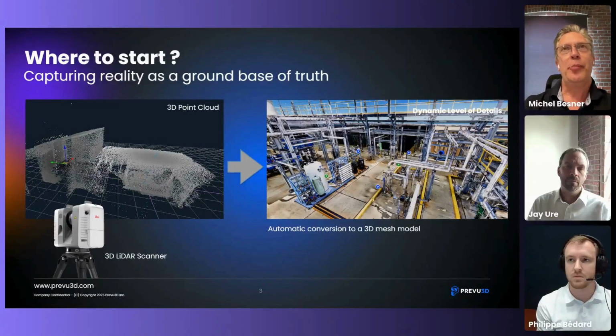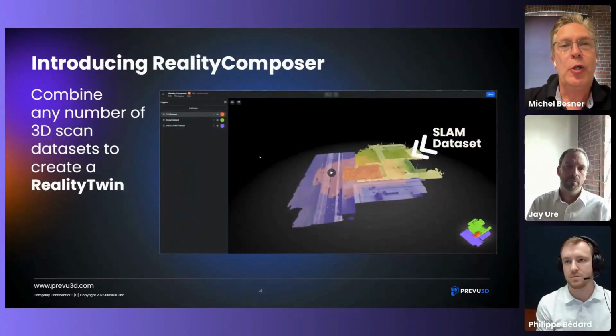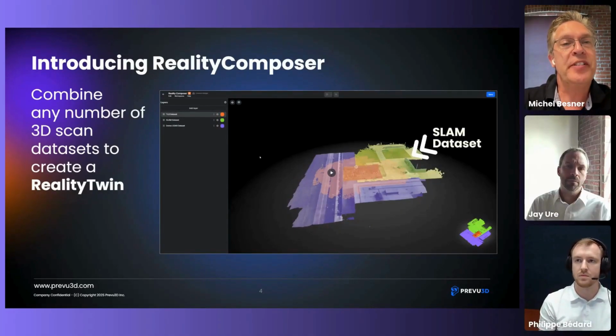And as much as a lot of companies are blending or merging point clouds together, merging a visual layer like a meshed environment is a whole different degree of complexity. So something we've been working on for the past couple of years is what we call RealityComposer, which is really the ability to easily combine multiple 3D scans together.